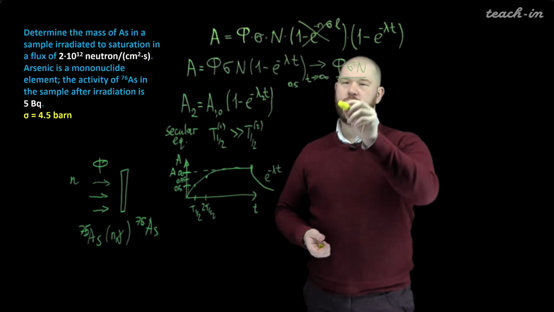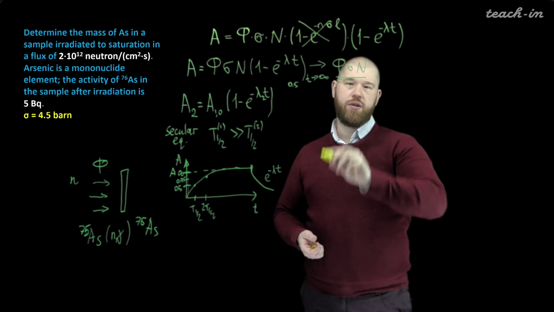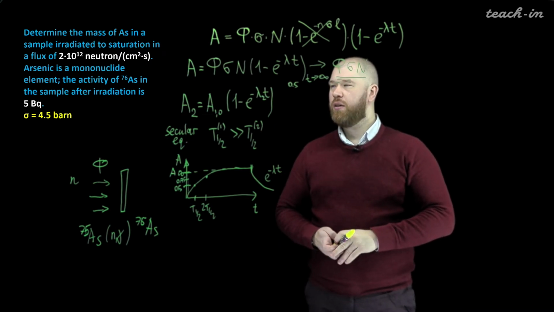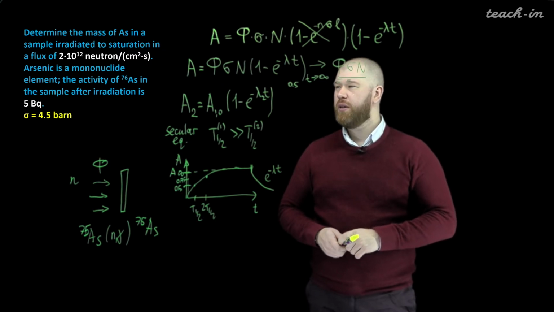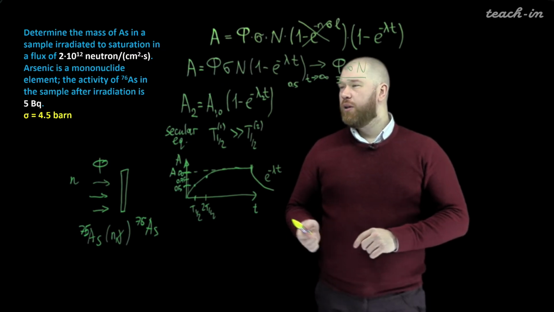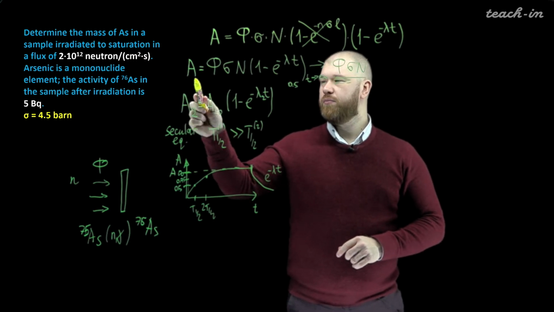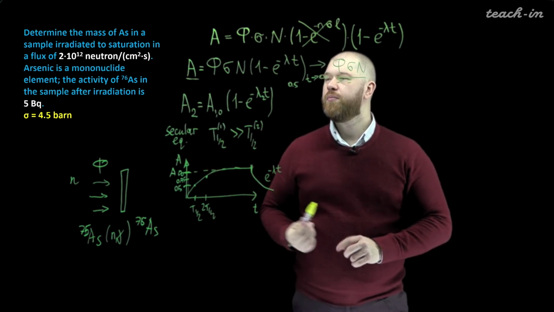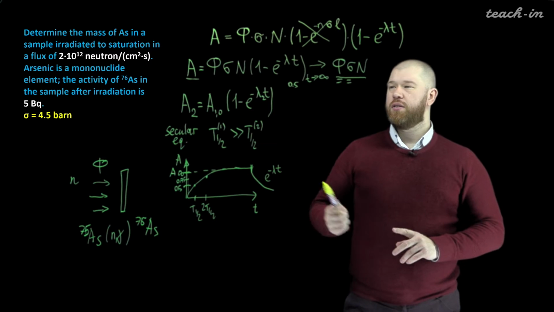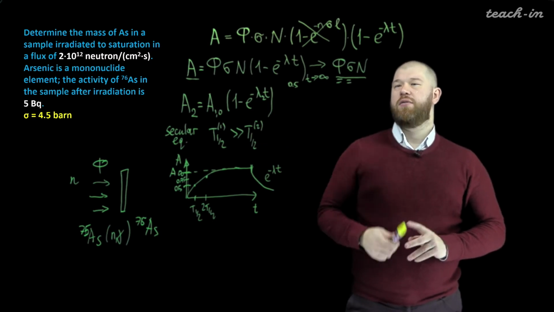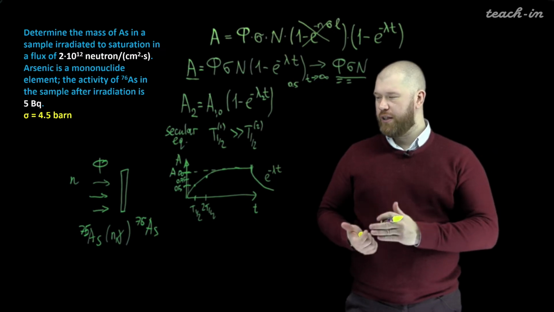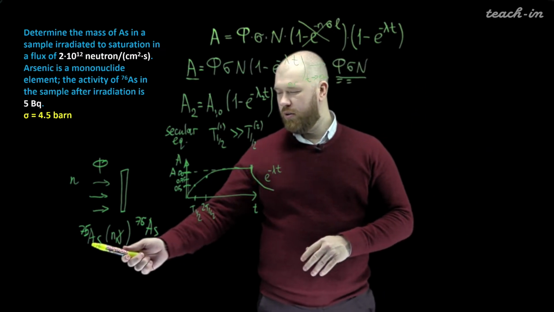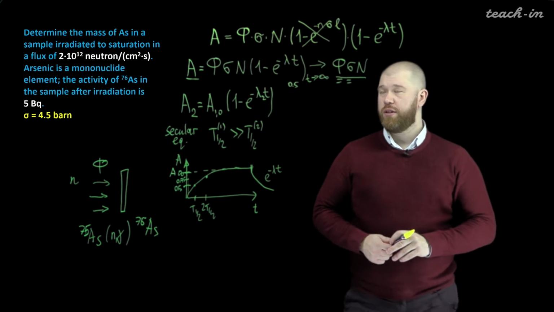We know, of course, the cross-section because it is a given number. You can look these numbers up in databases. And we know the activity. Thus, we know everything, and we can find the number of atoms of arsenicum in our sample that were irradiated.